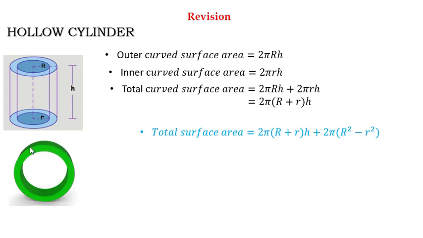We can find this by taking outer area, which is pi capital R square, minus this inner area, which is pi small r square. I have this area on this side as well as on the back side. So I will say 2 pi, and pi I can take common. So 2 pi in bracket capital R square minus small r square. This will give me total surface area.